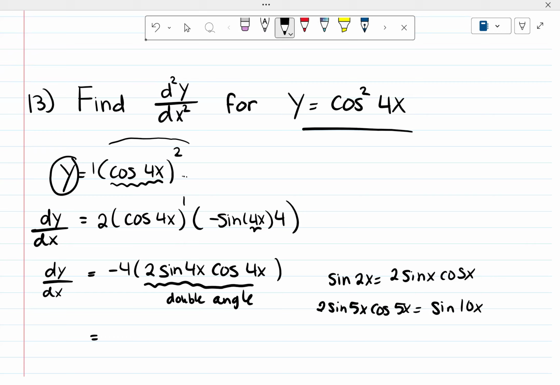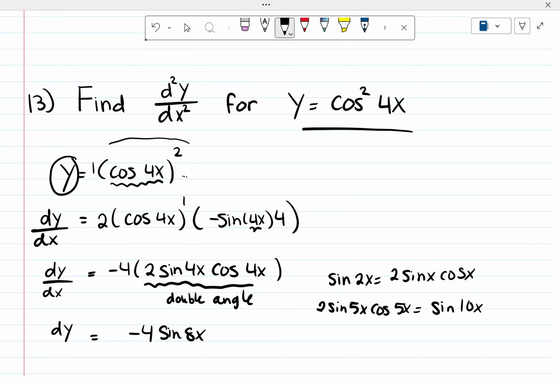So 2 sine of 4x times cosine of 4x is the same thing as sin of 8x, right? Because of the double angle identity. And then you still have this negative 4.